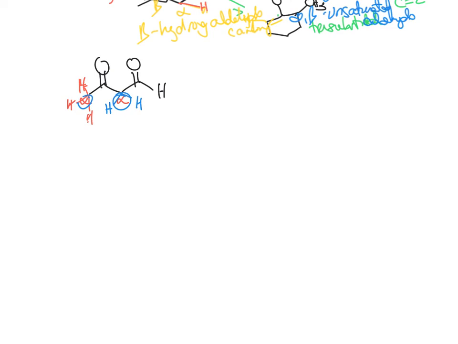Draw the 2 possible enolates that could be formed by removing each alpha hydrogen on reaction with base. And then draw all resonance forms. So if we have a base here that removes this first one, all you do is redraw this, and then draw in your monkey face here. And then, of course, you can draw your resonance structures where these go here and these go here. Resonance arrows.